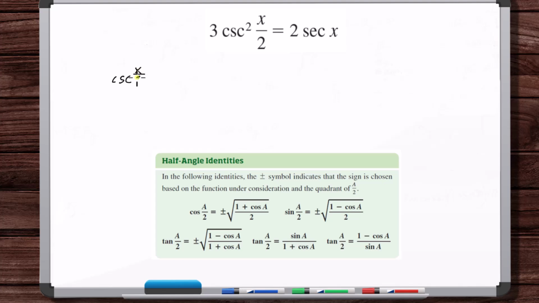Cosecant of x divided by 2 you can write as 1 over sine of x divided by 2. Okay, well, there's sine of x divided by 2. So that's 1 minus cosine x over 2.